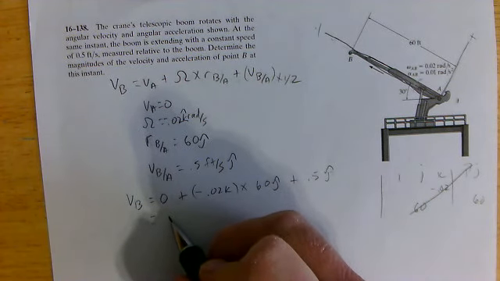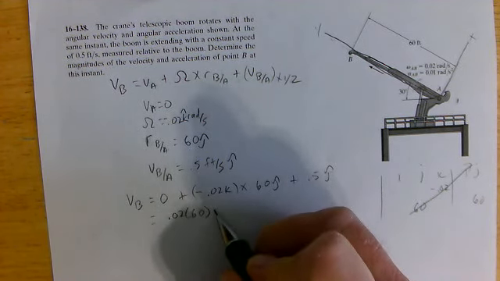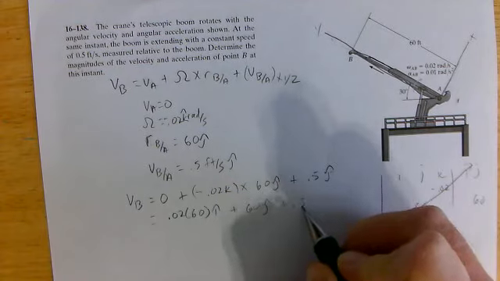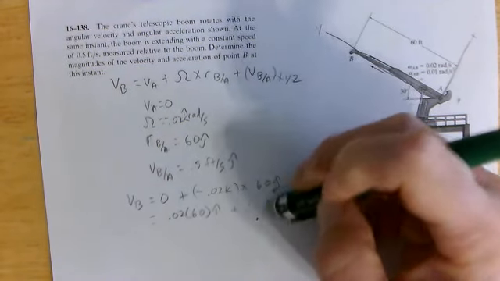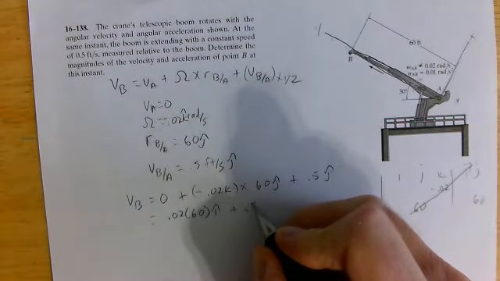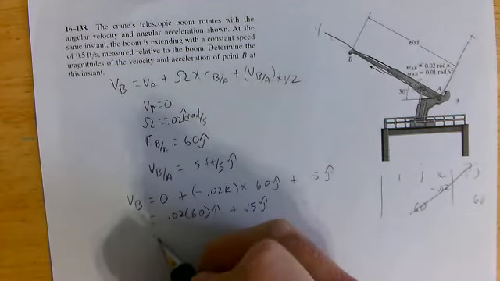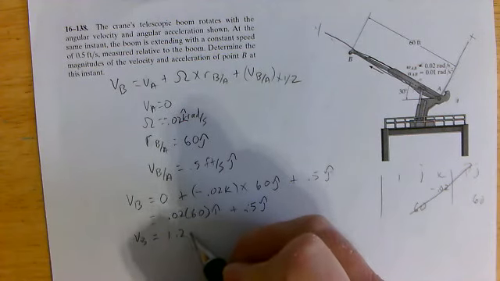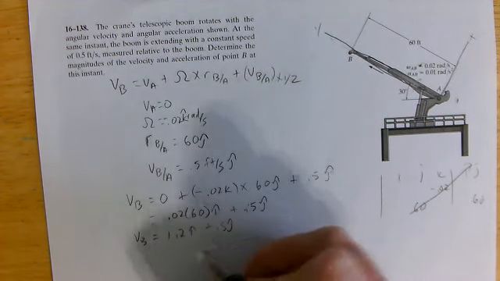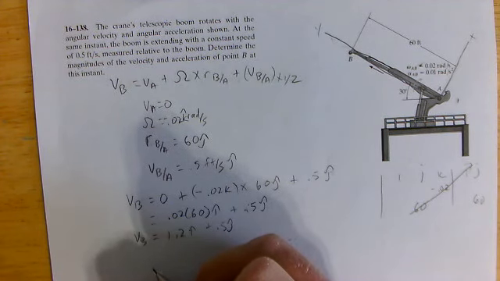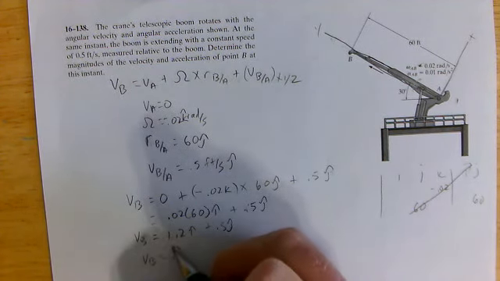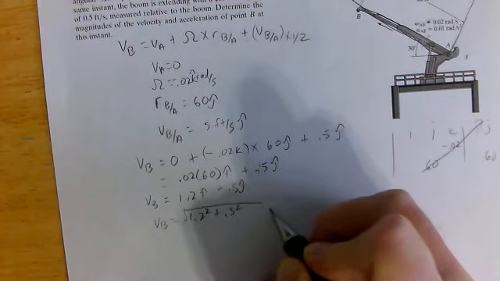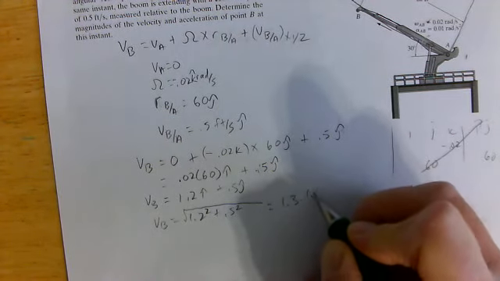So we got 0.02 times 60 in the I direction plus the 0.5 in the J. And so VB is equal to 1.2 in the I plus 0.5 in the J. If we're to find the magnitude, then VB is the square root of 1.2 squared plus 0.5 squared, which is equal to 1.3 feet per second.